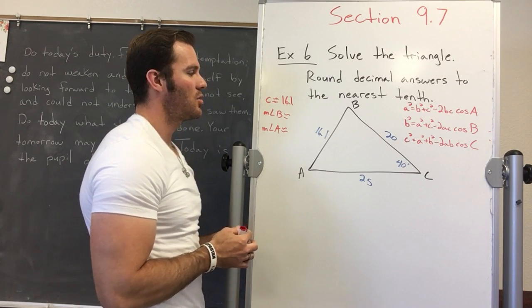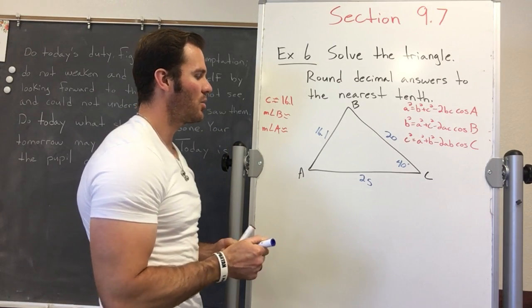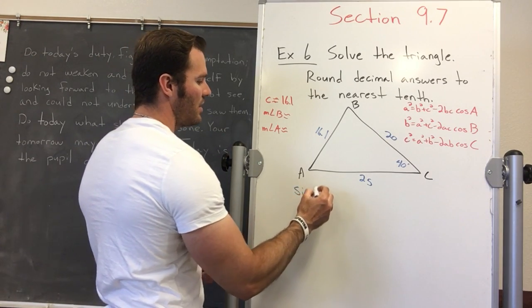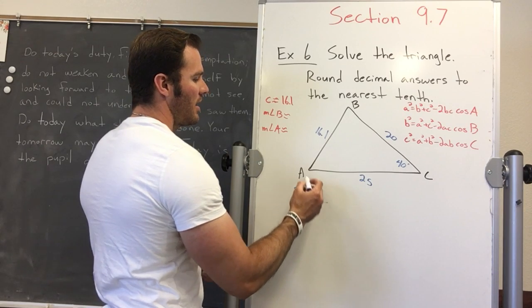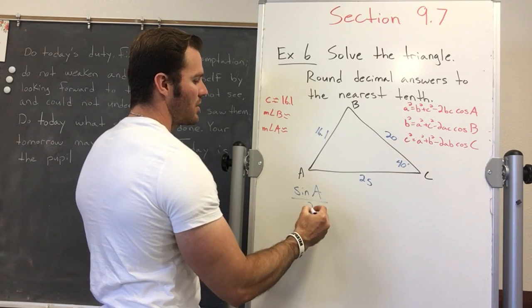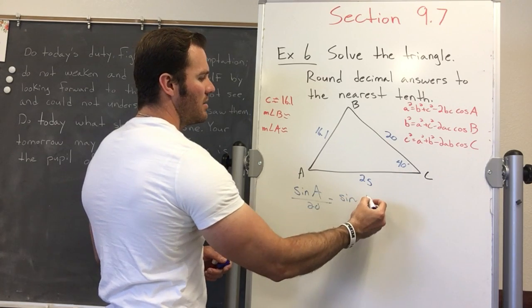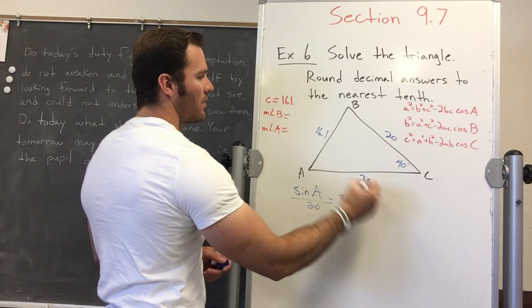So I'm going to try to do law of sines really quick. I don't have angle A, so let's solve for that one. Sine of big A over little a, which is 20, equals sine of big C over little c.